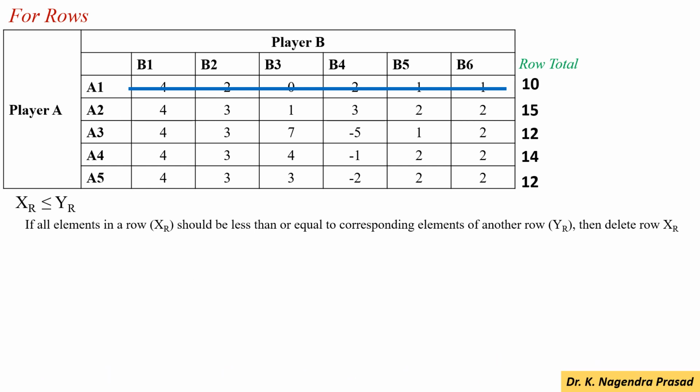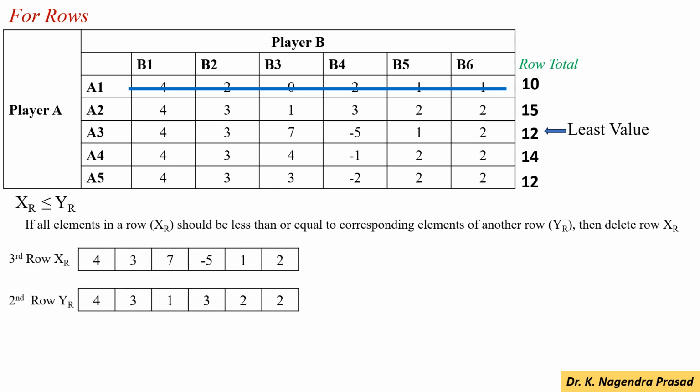Next, apply the dominance rule for the third row and compare its elements with the second row elements. That is, 4 equals 4 and 3 equals 3, but 7 is not less than and not equal to 1.